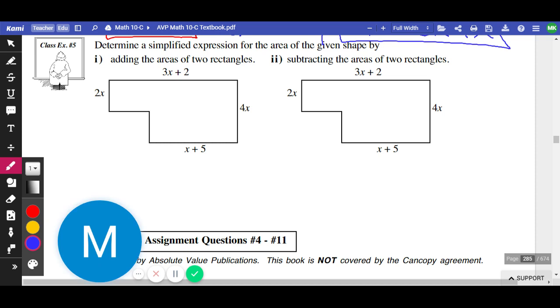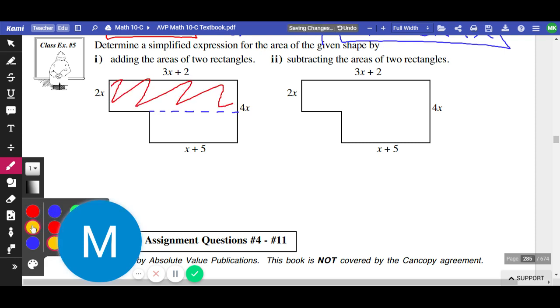Okay? When you look at an awkward shape like this, you need to try to cut it up into shapes you actually can multiply the length and the width by. Right? Here's how I would cut this one up. I would look at this as two rectangles. And if I cut it right here, I create this rectangle, and I create this rectangle.